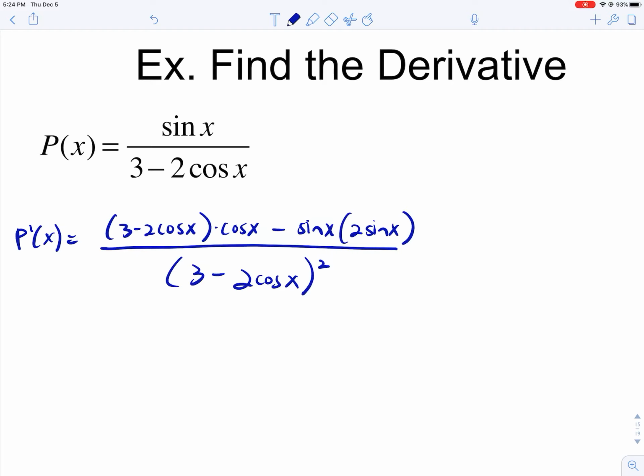Okay, now let's see how we can simplify this. Let's distribute the cosine here, so that'll be 3 times cosine of x minus 2 times cosine squared, and then minus 2 times sine squared.